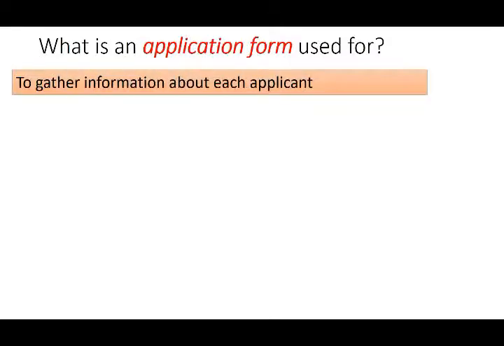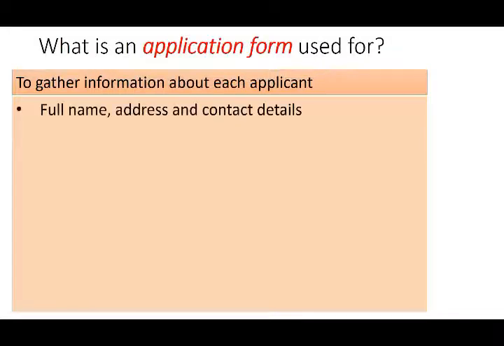Okay, let's move into the next recruitment document, that is an application form. I'm sure in your life you're filling in many application forms. Yes? So an application form is used to gather information about each applicant. What kind of information? Yes, I'm sure you are thinking about many things that would appear in an application form.